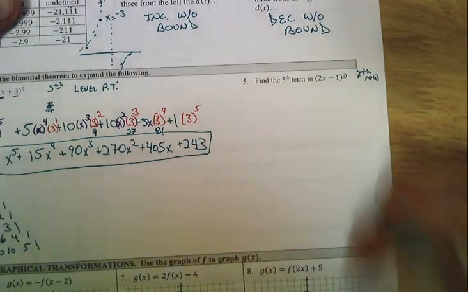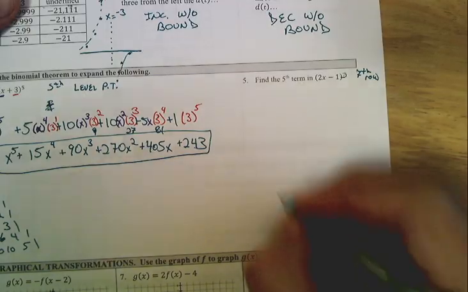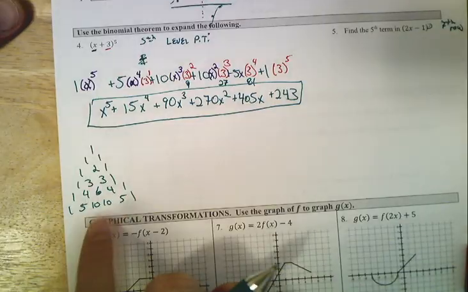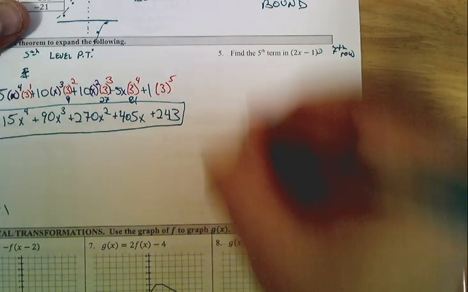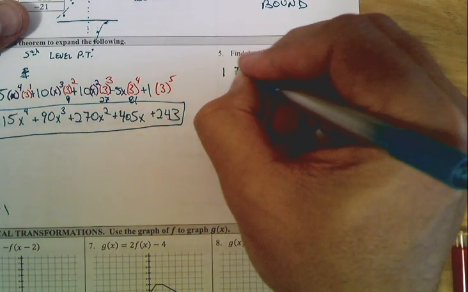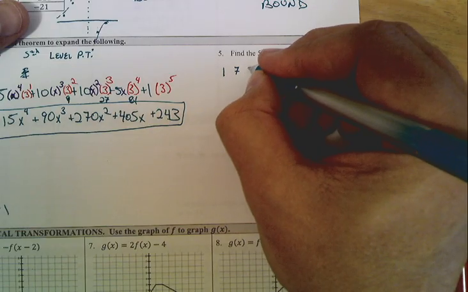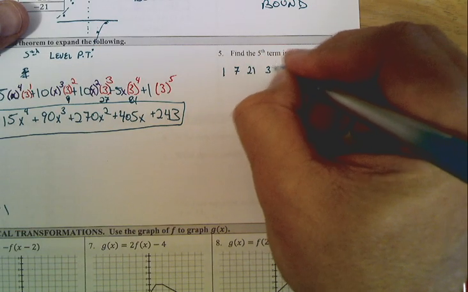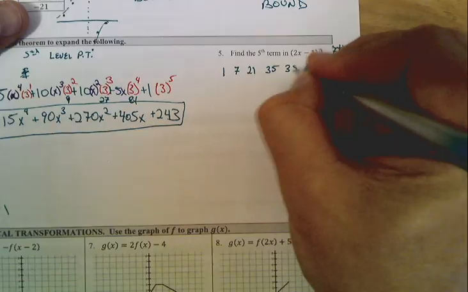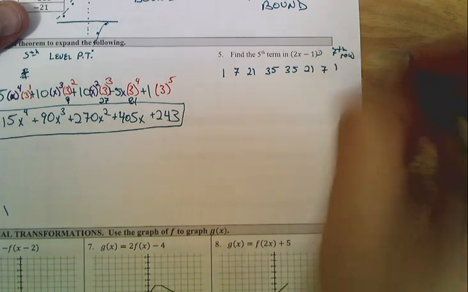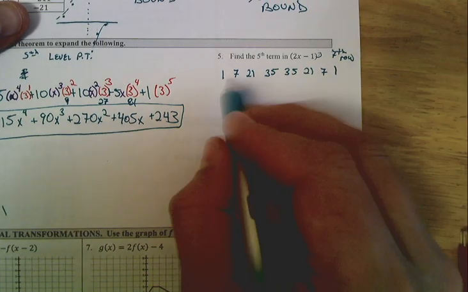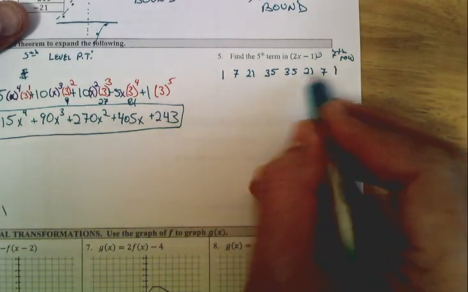If we extended the 7th row, if memory serves, you can always extend the triangle you made here. But if memory serves me right, it should be 1, 7, 21, 35, 35, 21, 7, and 1. And so I should have 8: 1, 2, 3, 4, 5, 6, 7, 8. Perfect.